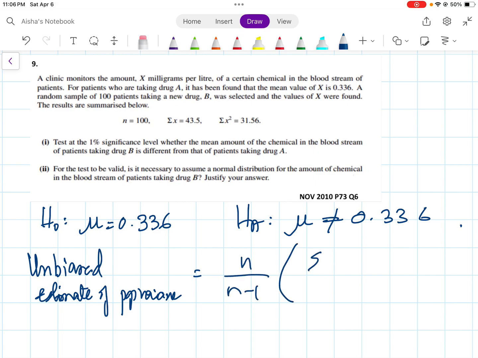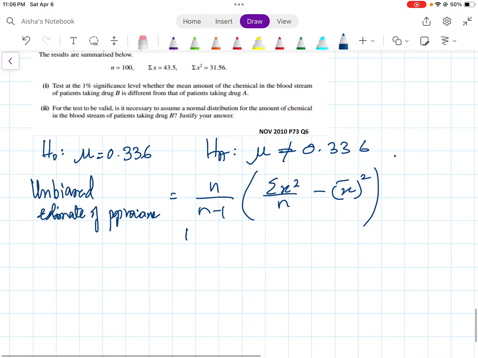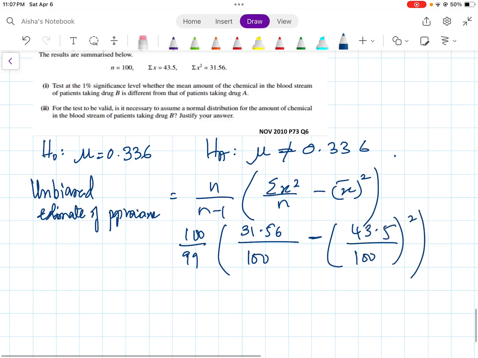n upon n minus 1. What is n upon n minus 1? 100 upon 99. Okay, so this is 31.56 upon 100.